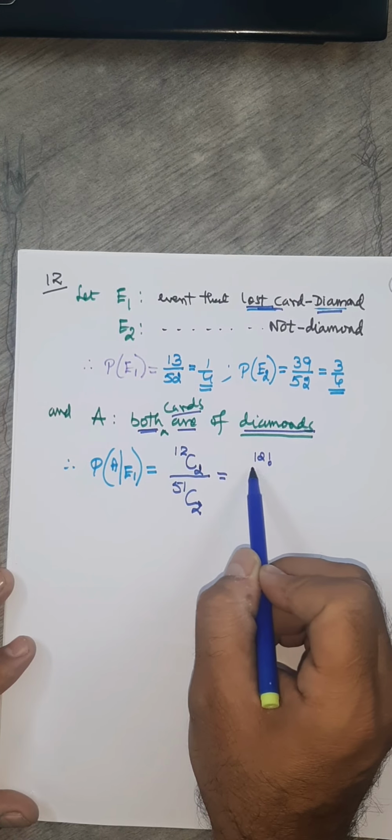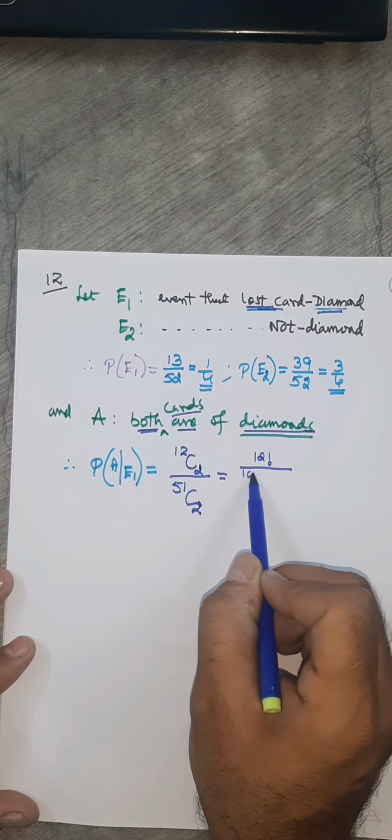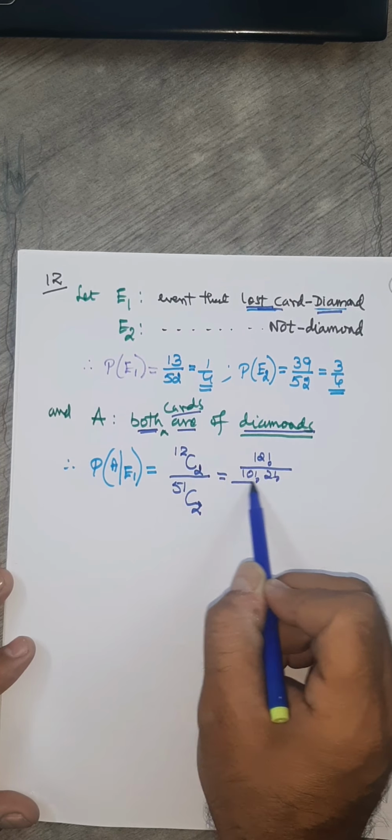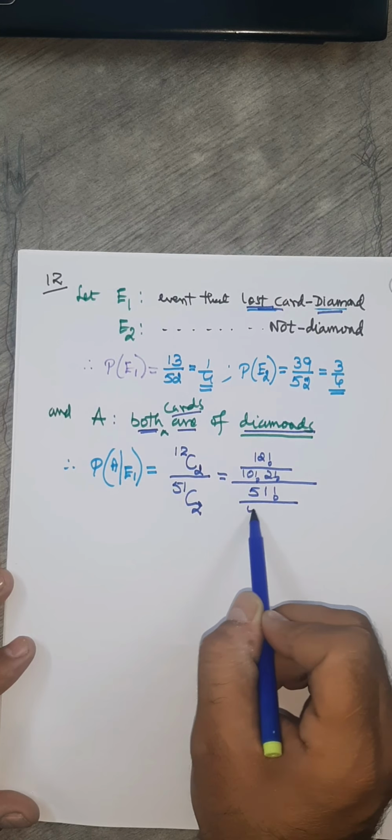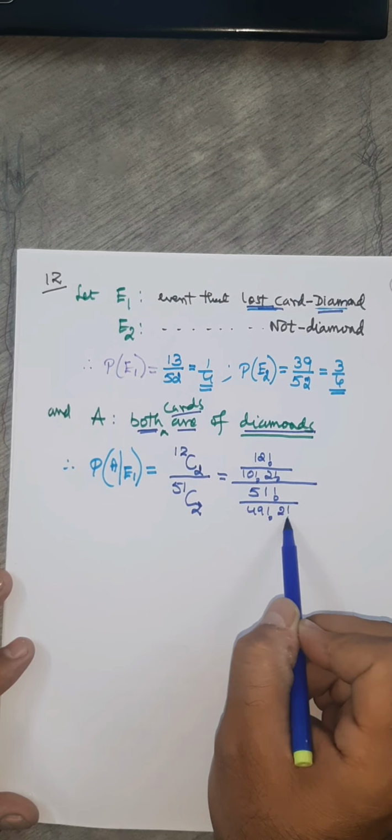So here 12 factorial upon 10 factorial into 2 factorial, the whole upon 51 factorial upon 51 minus 2, which is 49 factorial into 2 factorial.